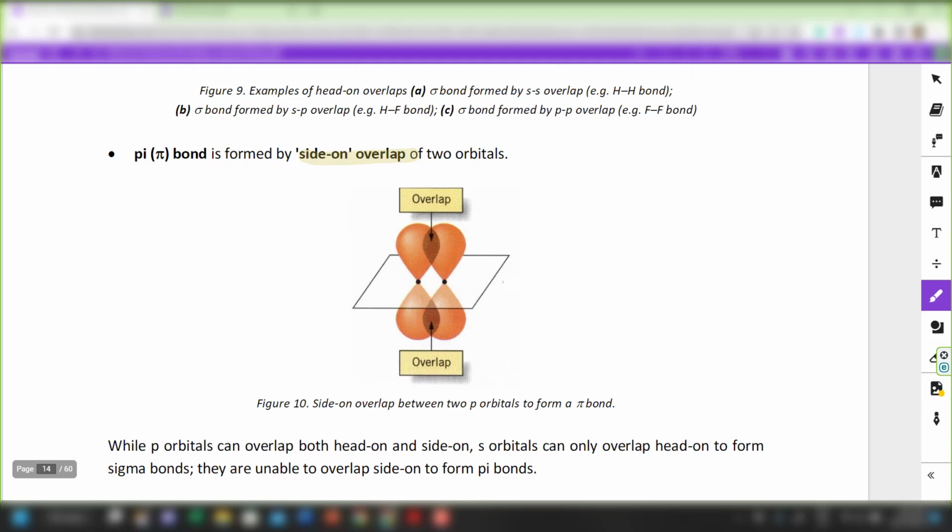So for example, a C=C double bond. Before the pi bond can be formed, the sigma bond must be formed, so that by virtue of the proximity from the formation of the sigma bond between the two carbons, the p orbitals of the carbons will then overlap side-on to give rise to what we call a pi bond.